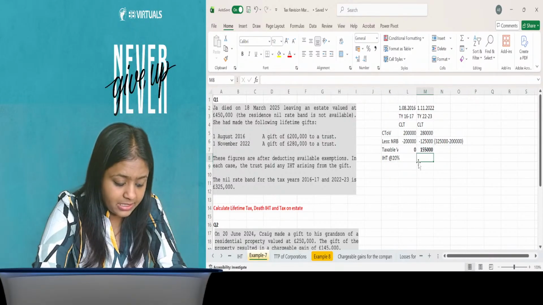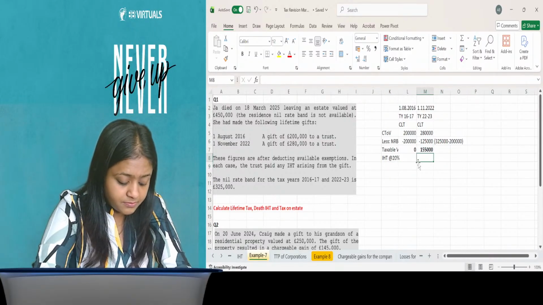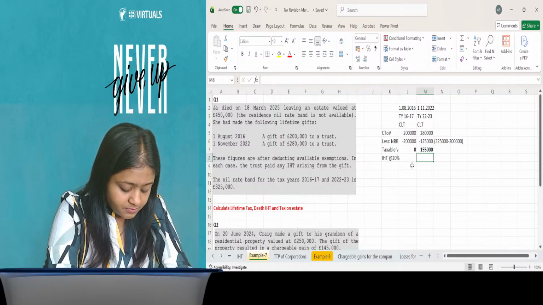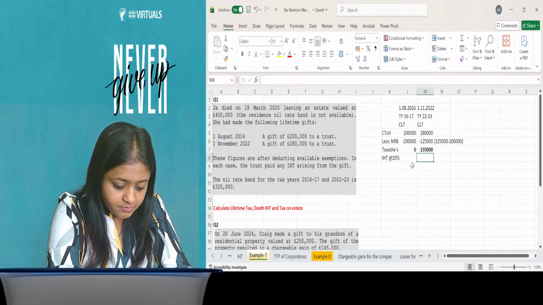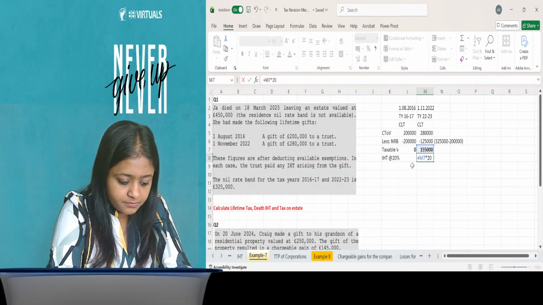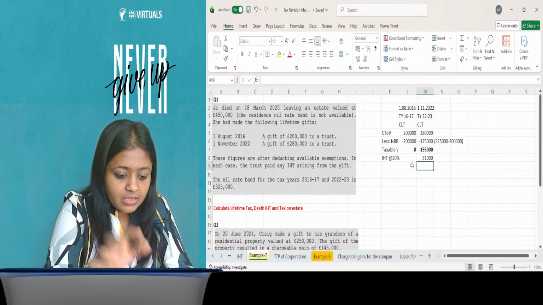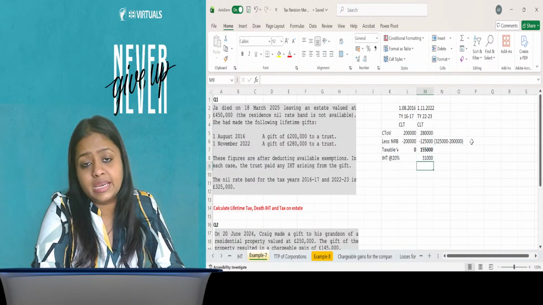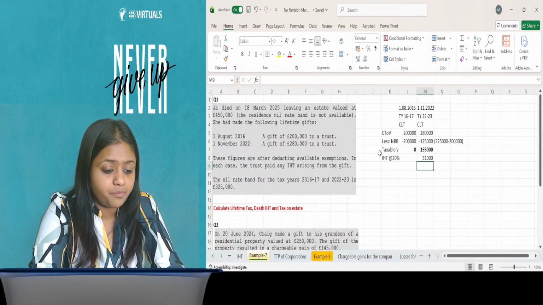So let's calculate the liability. We have here 31,000 as the net IHT due. Clear, it is borne by the donee. Done. Lifetime transfer is done.